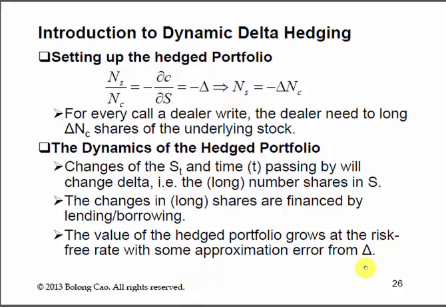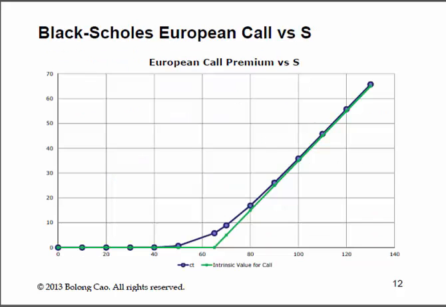And because we are using a linear approximation, delta is a linear approximation. If we look back, the call premium has a convex shape against the underlying price. So it's not a straight line. It has some curvature in it. Then delta itself is actually all these tangents at different underlying stock prices.